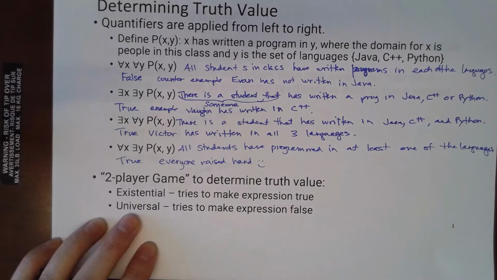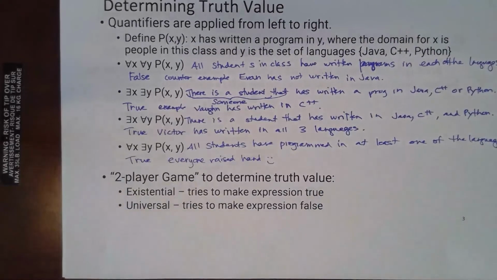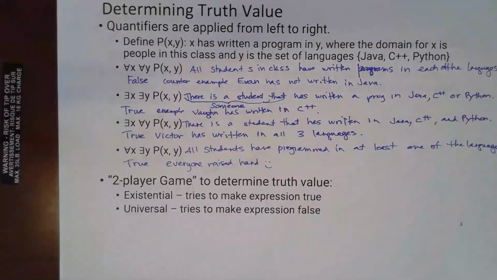And for anything that's bound by an existential, you're asking, could I find a value that makes this true? That's the two-player game idea. For the existential variable, you pick something to make it true. For the universal, you pick something to make it false.